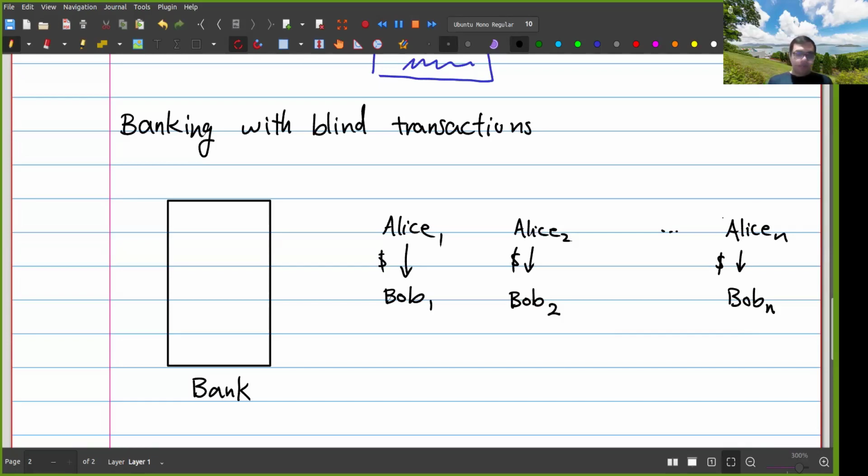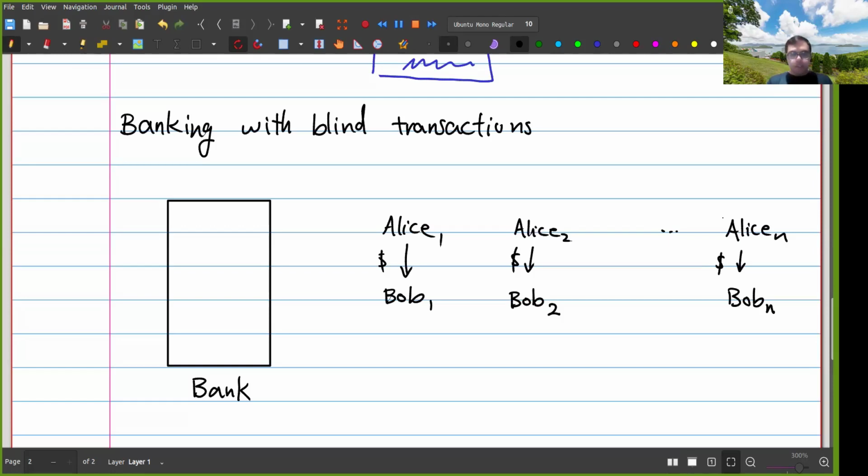Okay? To imagine this, just imagine how banknotes work in the real world. If I have, let's say, a 10 Hong Kong dollar banknote, I can give it to you, and then you can go and deposit it into your bank account, right? And no one in the banking system would be able to know that I was the one who paid you.